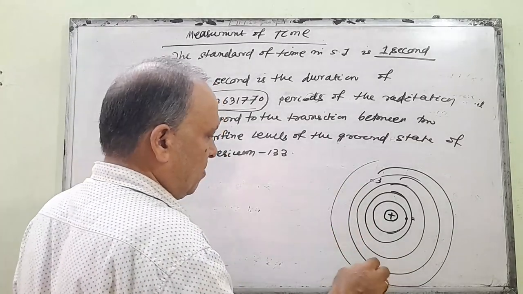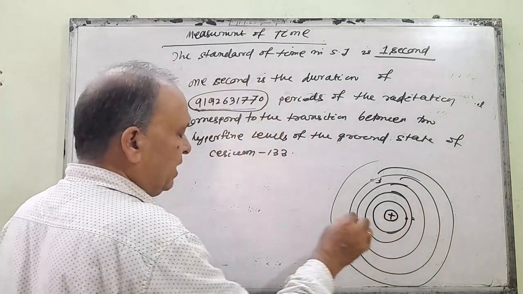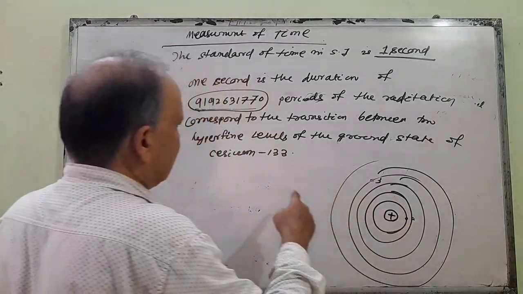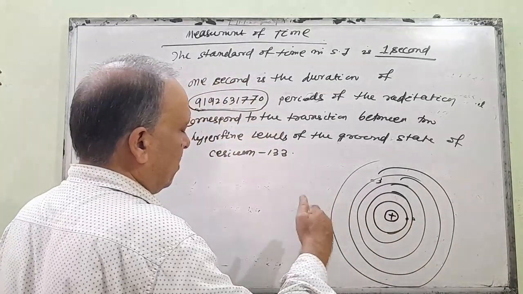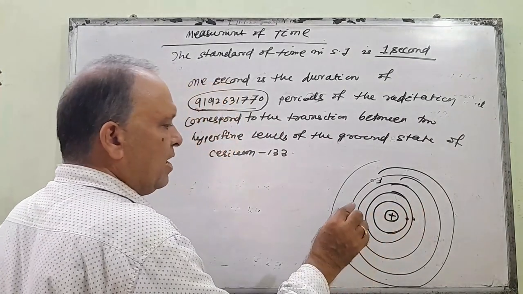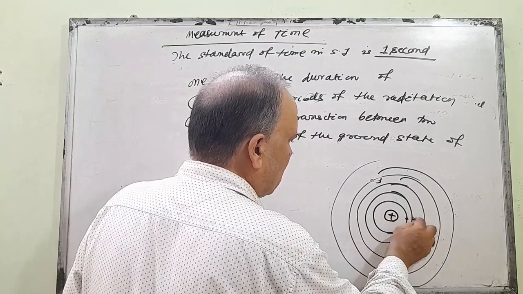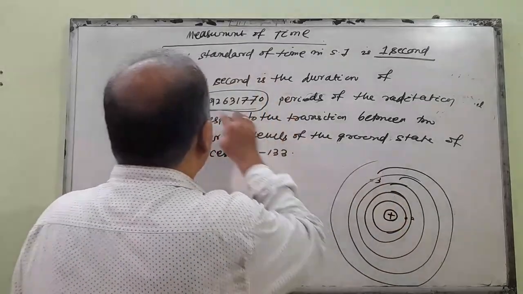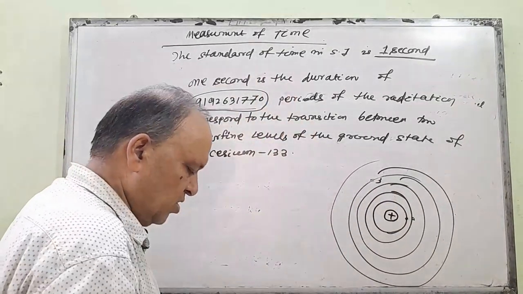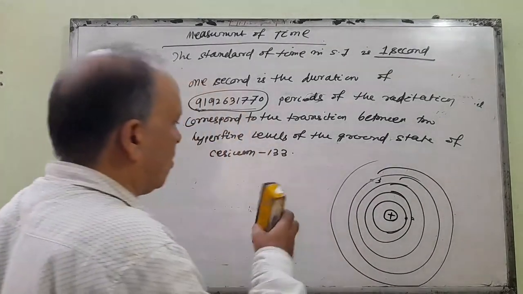From this normal state, you choose two hyperfine levels. Between two very close levels, there is an electron transition in the form of a radiation from one level to the other level, and the time taken by the electron transition between two hyperfine levels multiplied by this factor is called 1 second. This is the definition of 1 second.